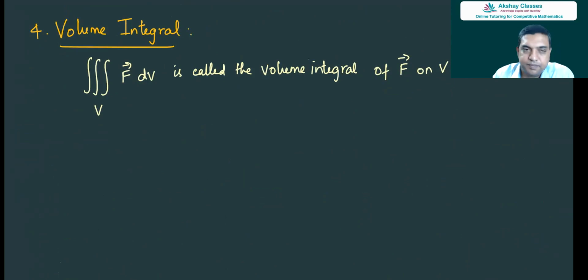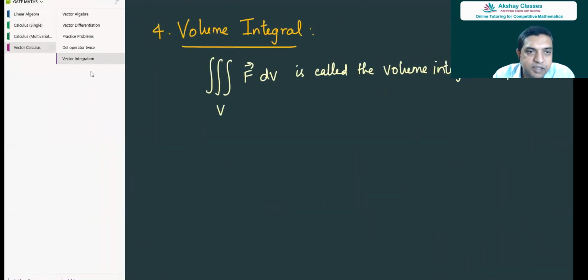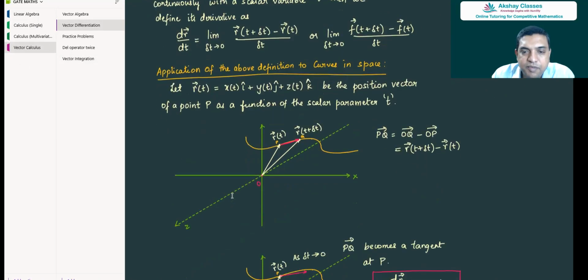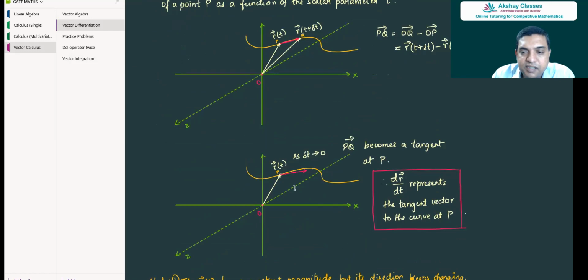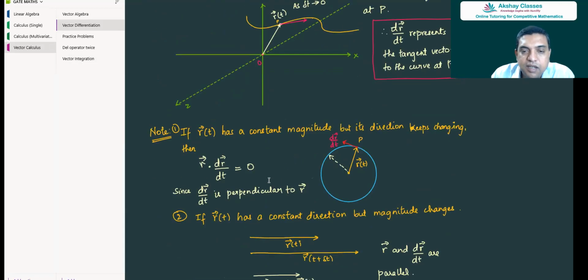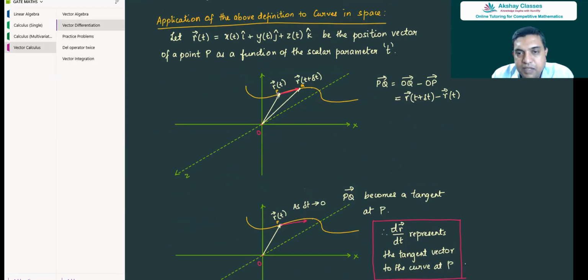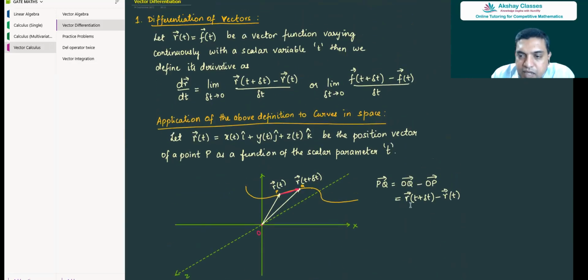Forgot? Let us go back again to basic vector differentiation. Dr represents a tangential direction. Dr is r bar of t plus delta t minus r bar of t.